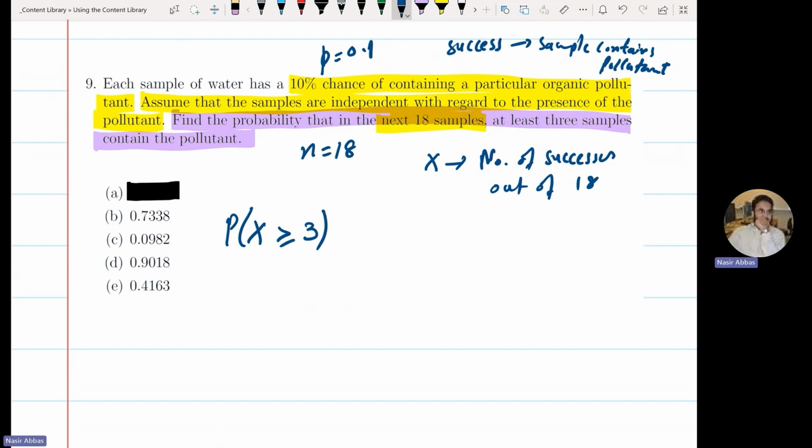At least 3. Now, first thing you need to tell me is what is the mass function of X in this case. I will use notation: X follows binomial. Job number 1 done. After job number 1, you have to look into the formula sheet for the mass function of binomial.